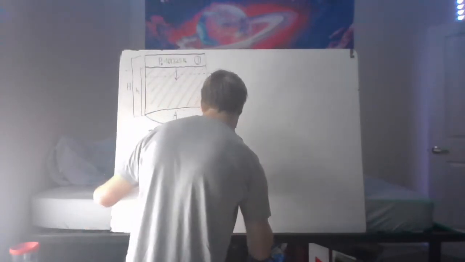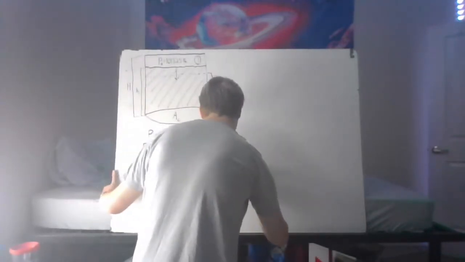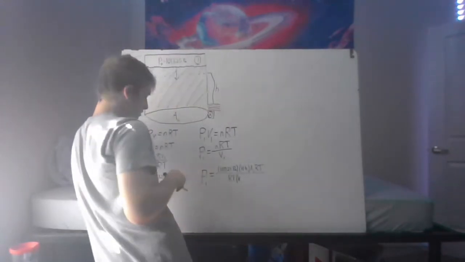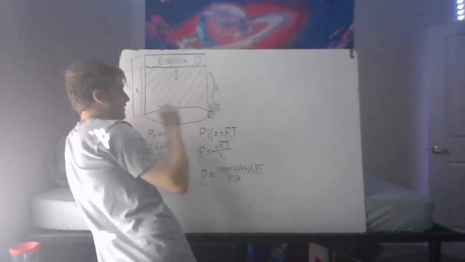And then that'll be all over the RT from our n over here, times our new volume, which again is big H minus little h times our cross-sectional area.